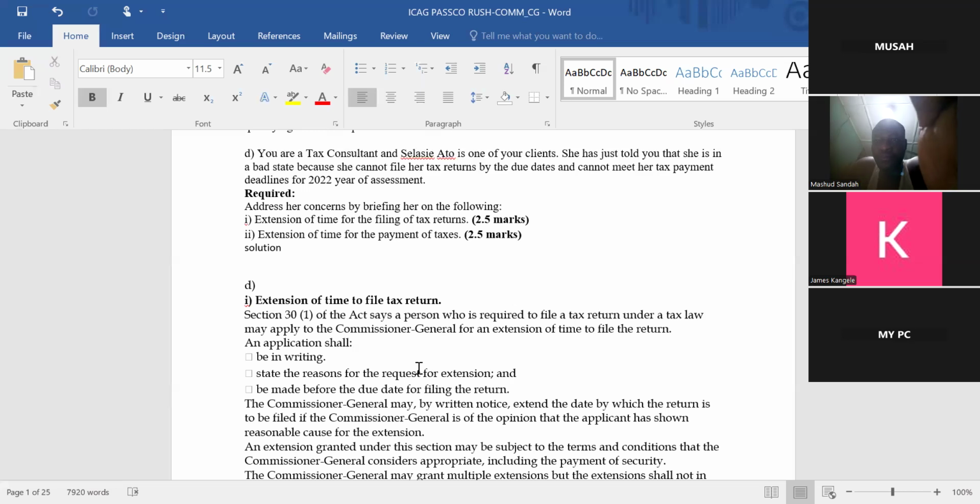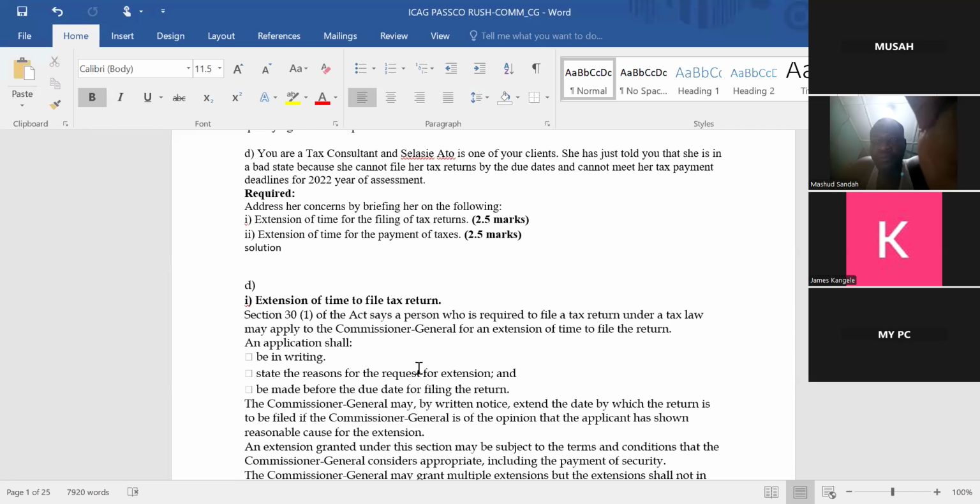She has just told you that she is in a bad state because she cannot file her tax returns by the due date and cannot meet her tax payment deadline for the 2022 year of assessment. Required: address her concern by briefing her on the following: extension of time for the filing of tax returns, extension of time for the payment of the taxes.